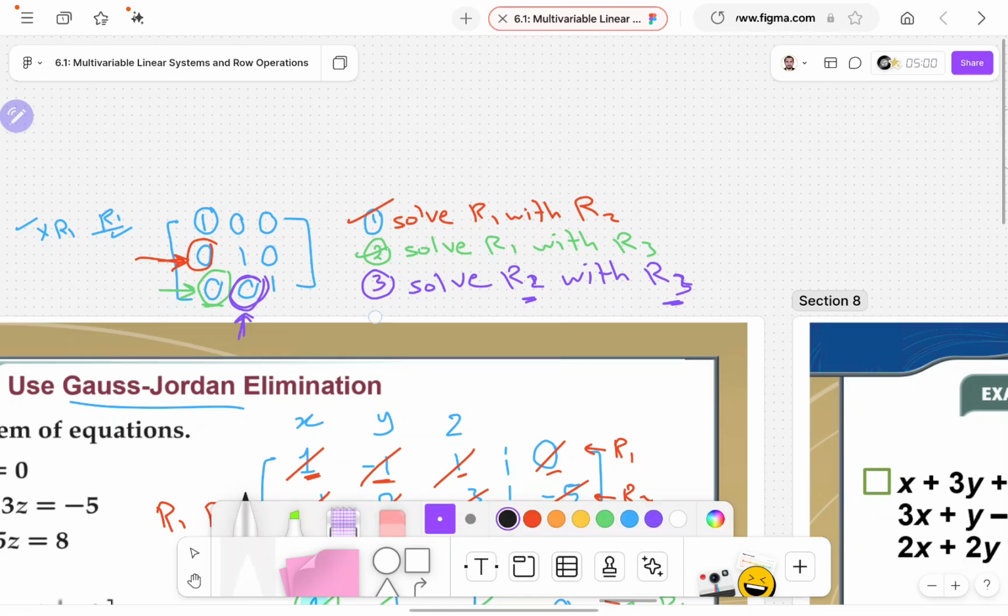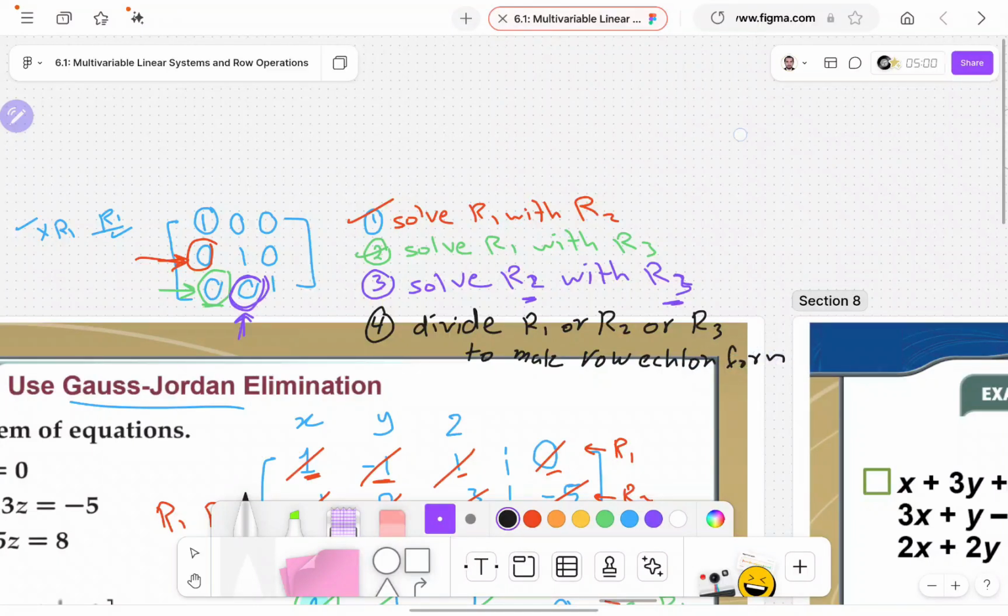In step number 4, divide row 1 or row 2 or row 3 to make row echelon form.